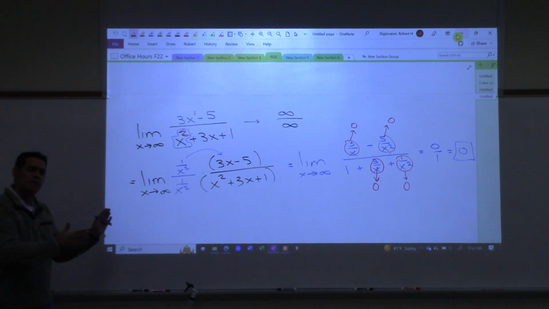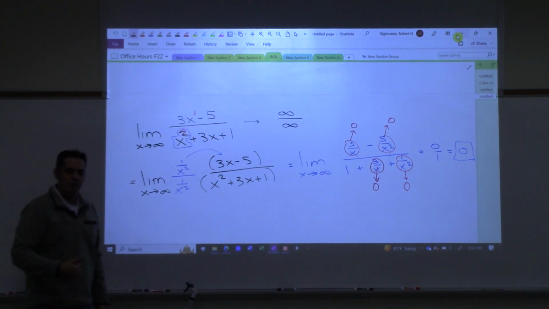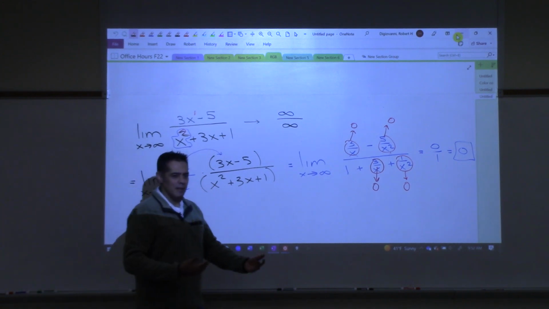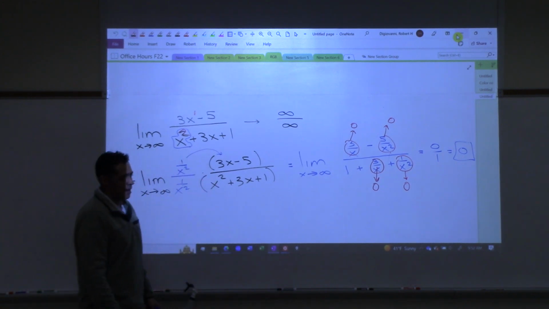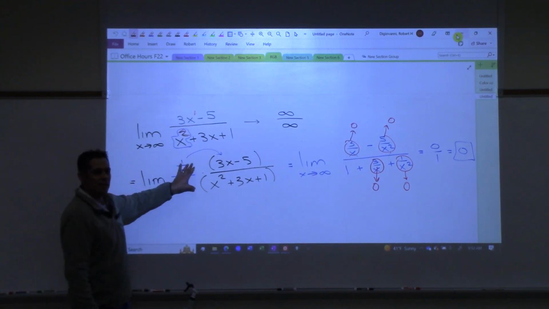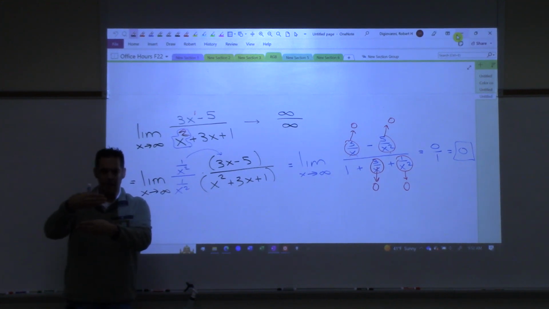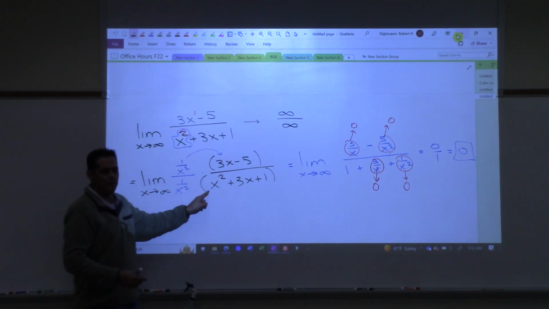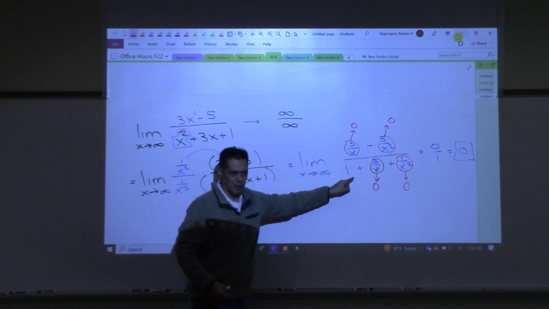I haven't given you something that's not a rational function yet, intentionally, because I'm trying to build up to it. So as great as that is, it's not always going to be able to help us, all right? I'm more concerned about this technique in that you can demonstrate you know what to do. You see infinity over infinity, you start thinking, how do I make the bottom turn into a number at the end?